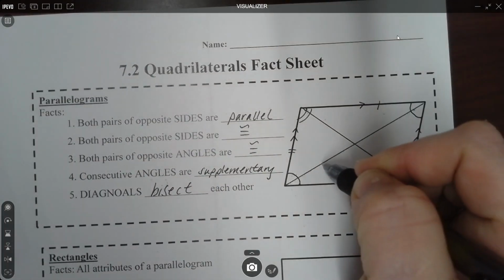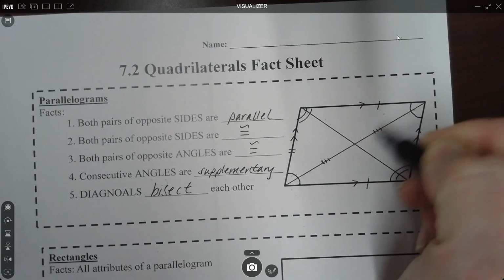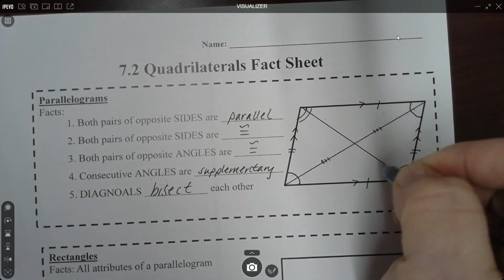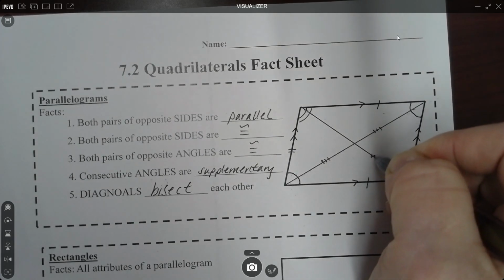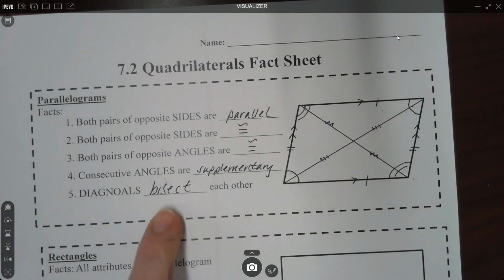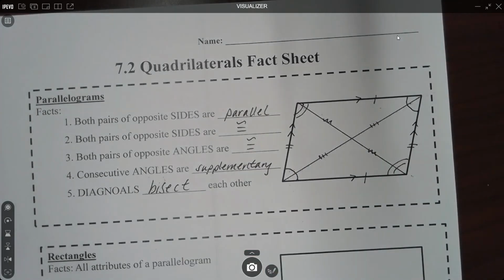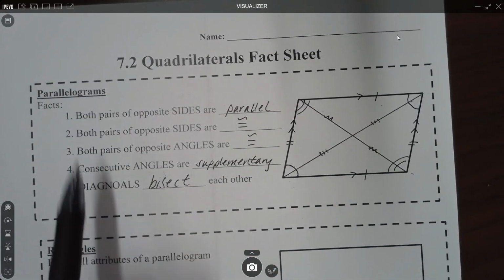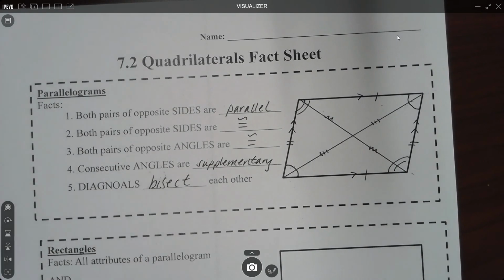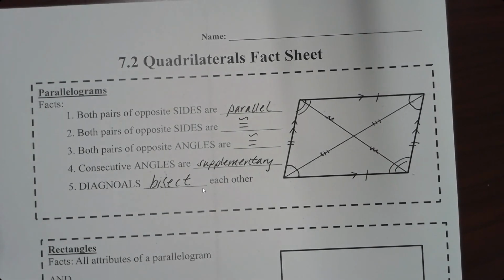Well, I know that this one right here and this one right here are equal to each other. And then we know the same thing here. We know that this guy and this guy are going to be equal to each other. So if they bisect each other, it's cutting those diagonals into two equal pieces. So those facts are really important in regards to parallelograms. So if we have a parallelogram, then we know that those 5 things are true.